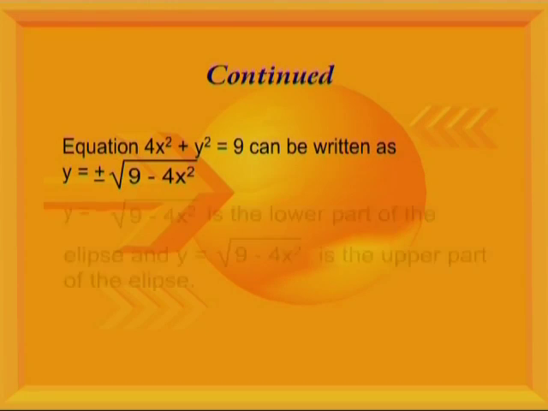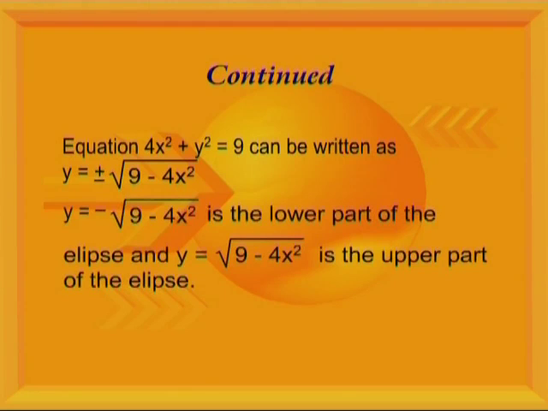The lower part of the ellipse under the x-axis is y is equal to negative of square root of 9 minus 4x square, and the upper part of the ellipse above the x-axis is y is equal to square root of 9 minus 4x square.